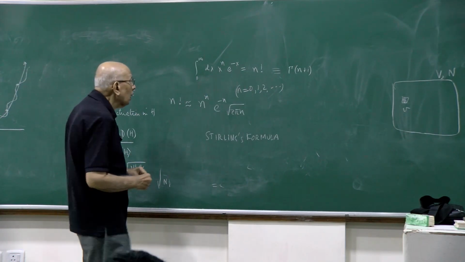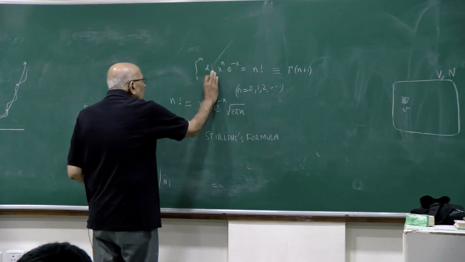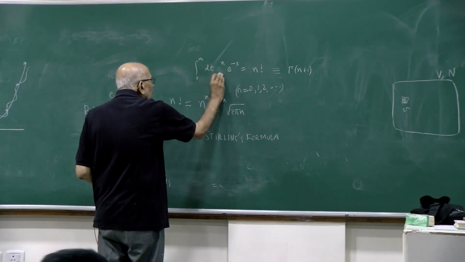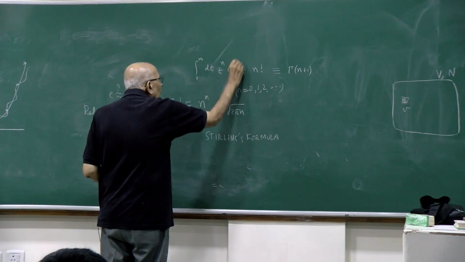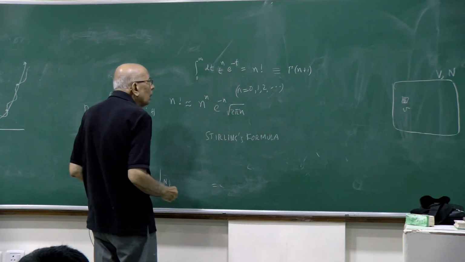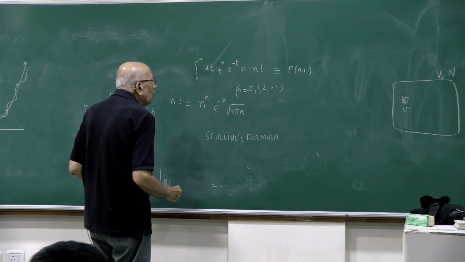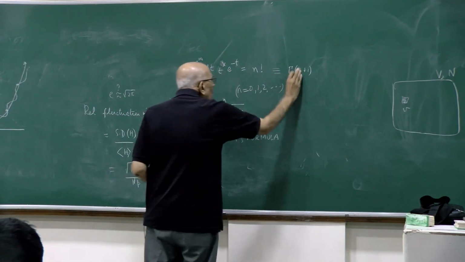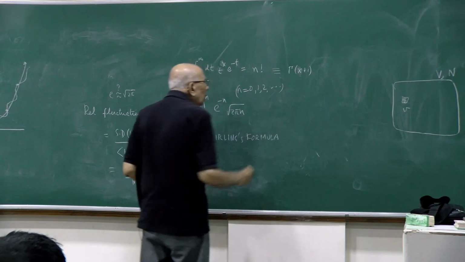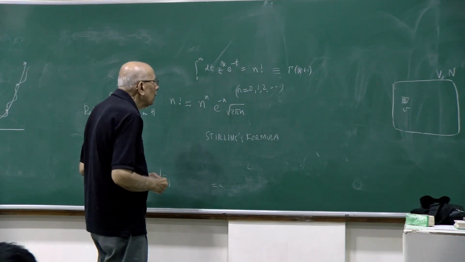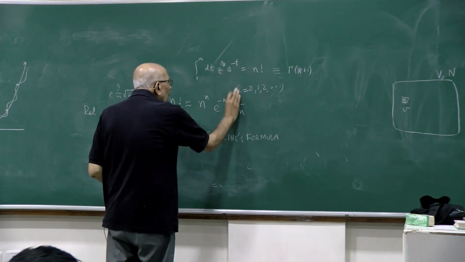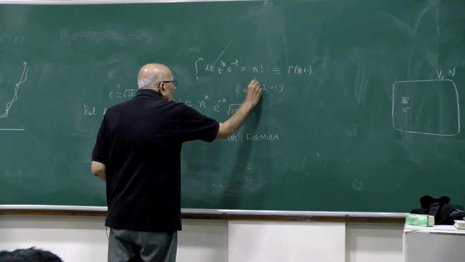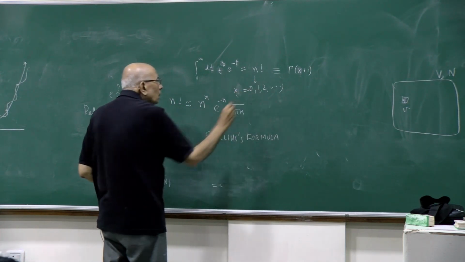So I can define a gamma of x, let me use t as the integration variable. And then if I make this x, this is valid when x is equal to 0, 1, 2, etc.